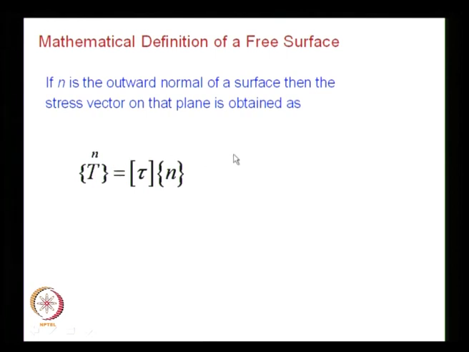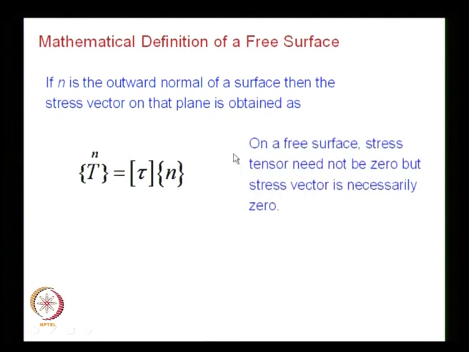And what is the definition? Before we prove it, on a free surface, stress tensor need not be 0, but stress vector is necessarily 0. So, the mathematical definition of a free surface is Tn equal to 0. We will see this by an example.